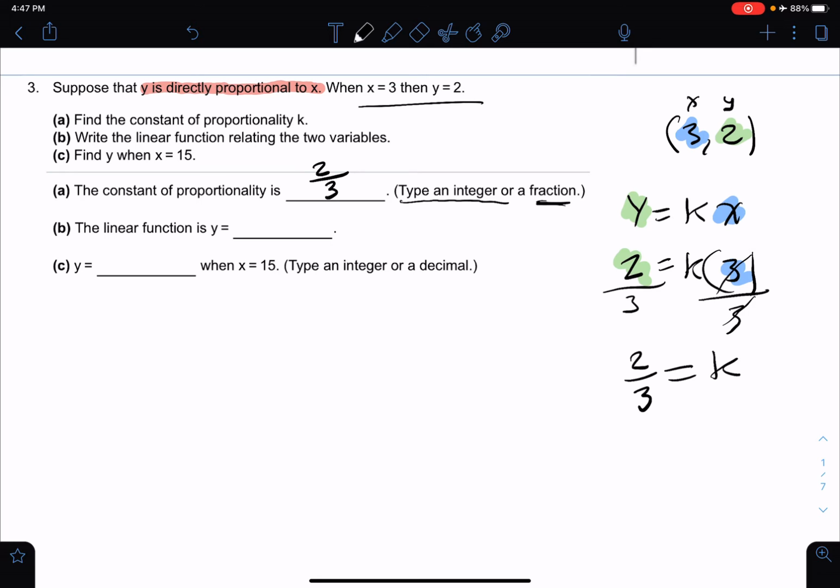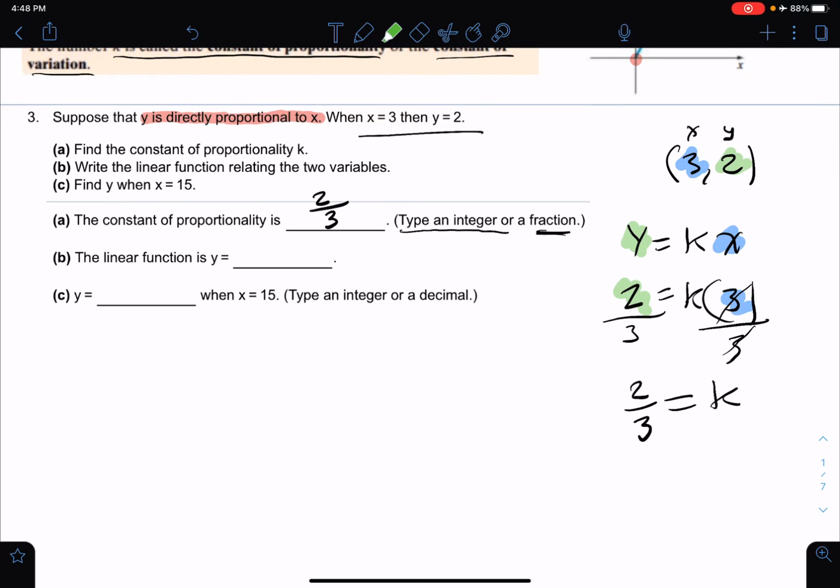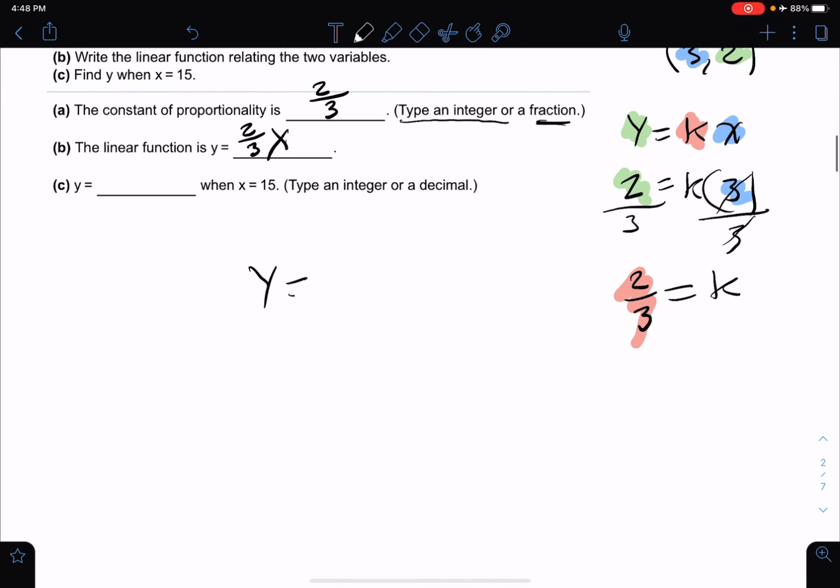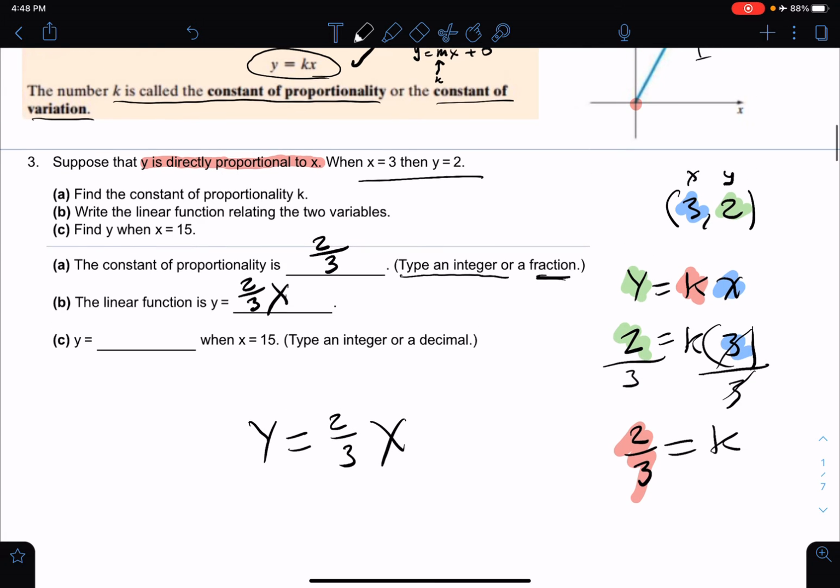The linear function is, well, now that we know the k value is 2/3, that just replaces the k. And so then we have the function y equals 2/3 times x. And there's your equation. That is the equation or the rule that satisfies this given situation.